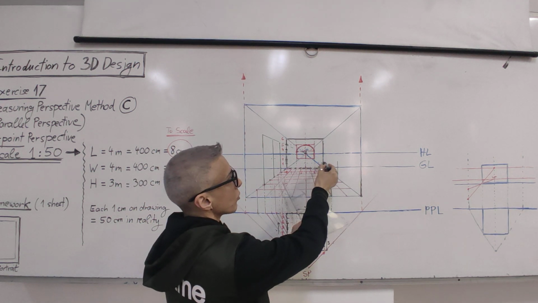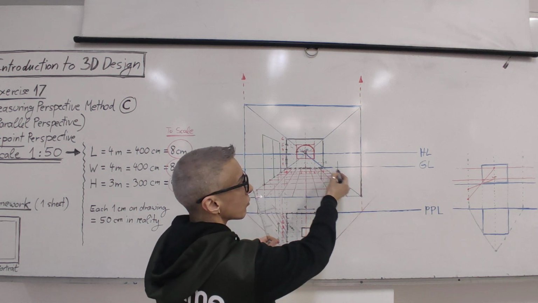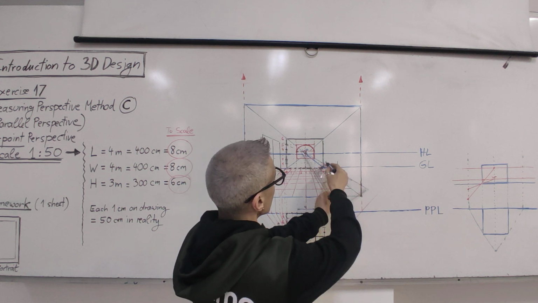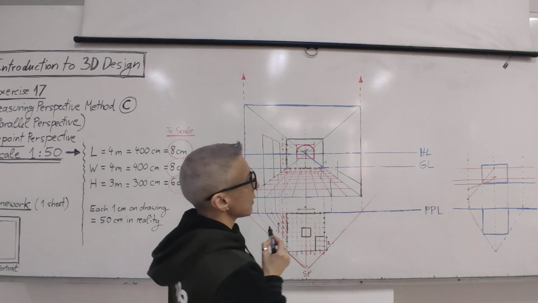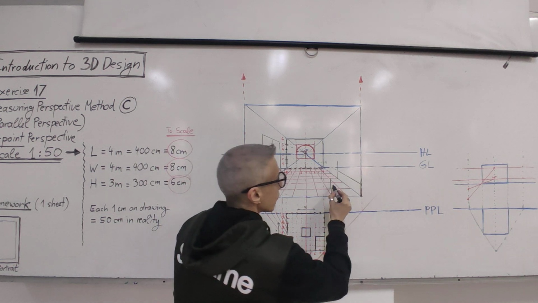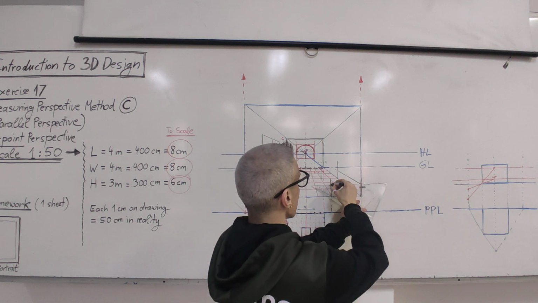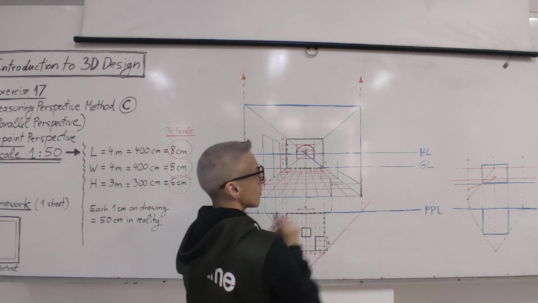So vanishing point through number 1 must pass to see where these 2 lines will be intersected. Then from this line, you will put a straight line to here. It will intersect this line here.